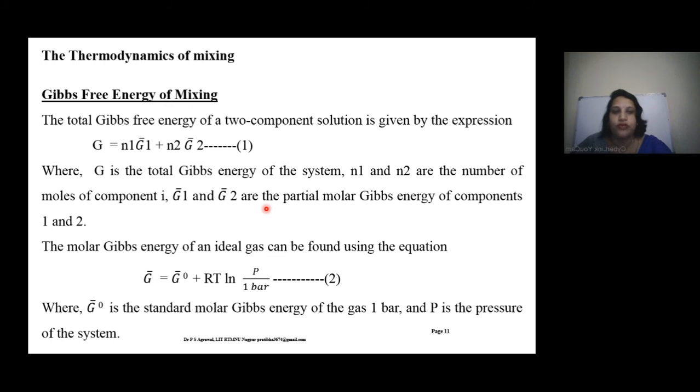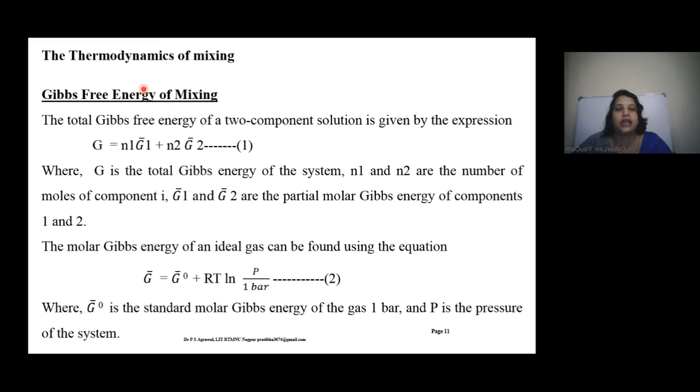Now, we will see the thermodynamic parameters when a solution is formed, that is, when we are mixing. When solids, liquids or gases are combined, mixed, the thermodynamic quantities experience a change as a result of mixing. So we will see the effect of mixing on the Gibbs energy, enthalpy, entropy and volume when we mix two things.